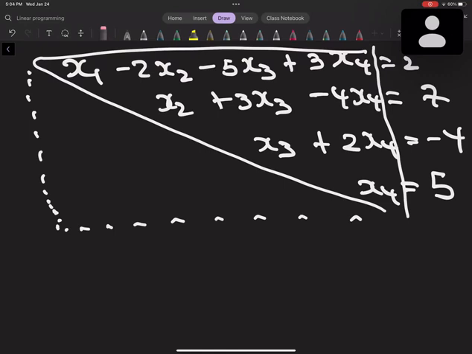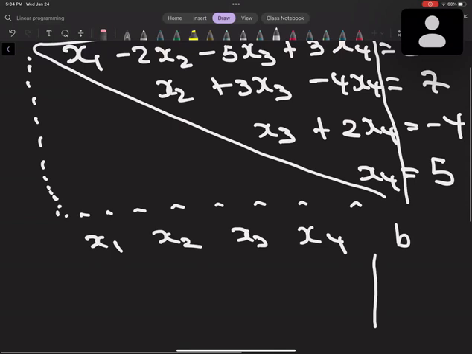In the future, we're going to get tired of writing x1, x2, x3 all the time. Instead, we're going to make a column for x1, for x2, for x3, for x4. And instead of the equal sign, we're going to put a line over here, and here we're going to put the b's.